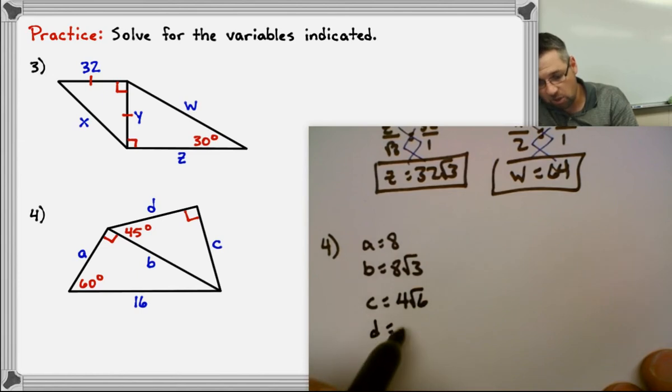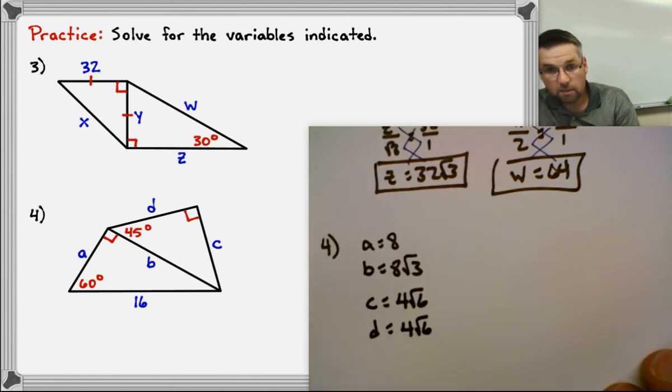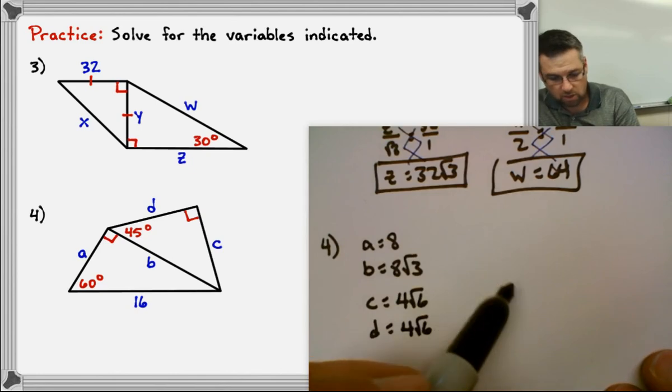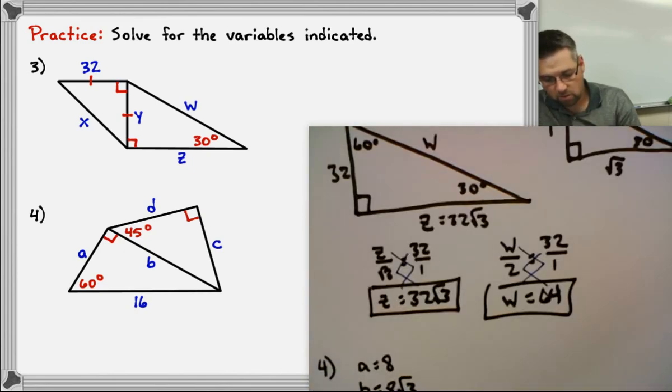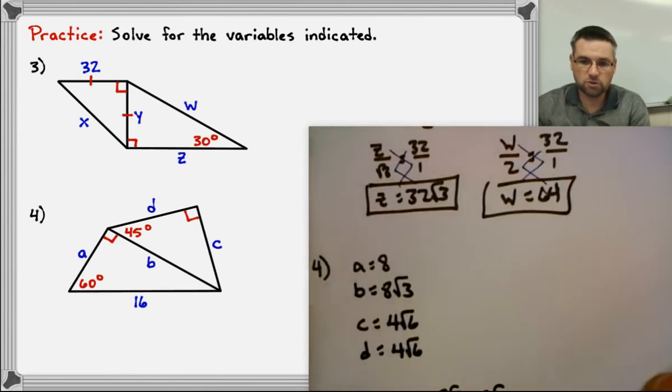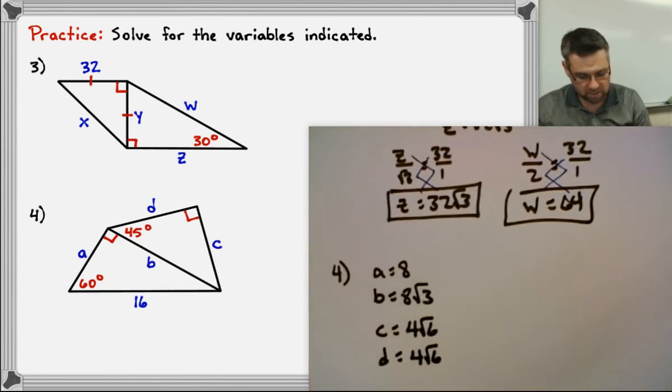And then D will also be 4 radical 6. And I believe that works. Let's see. B is 8 radical 3. So 8 radical 3 over radical 2. Yeah, 4 radical 6. Okay, so those are the answers for number 4 if you did that problem, to make sure you are correct, okay?